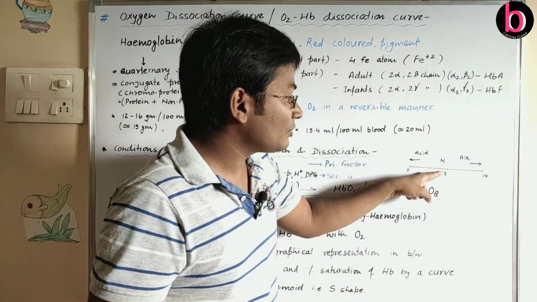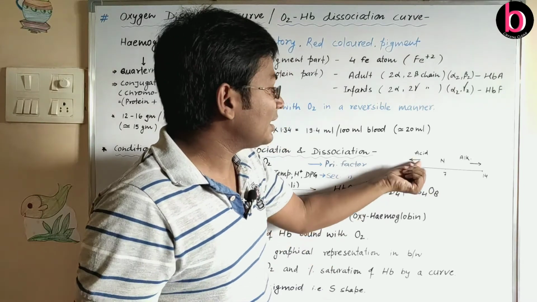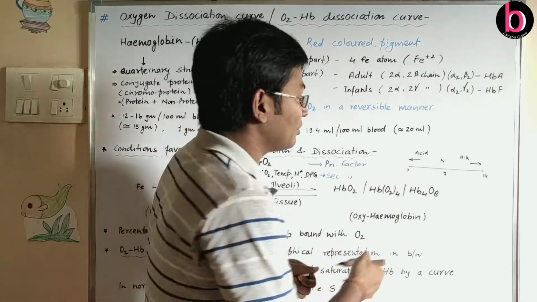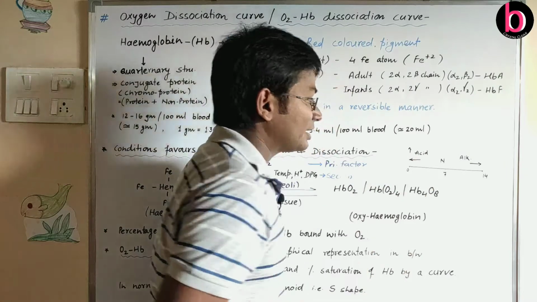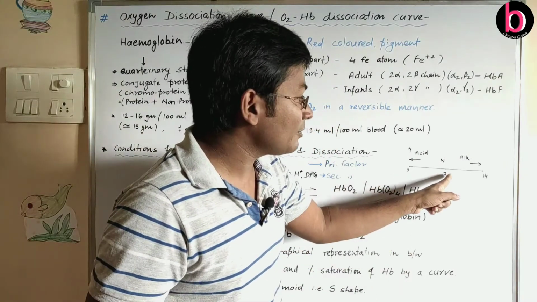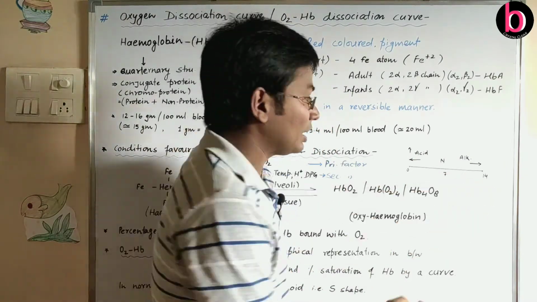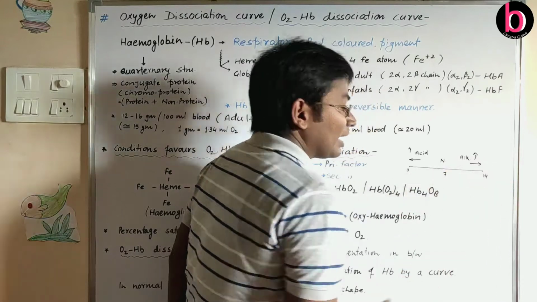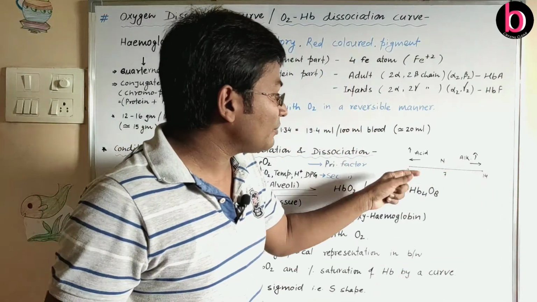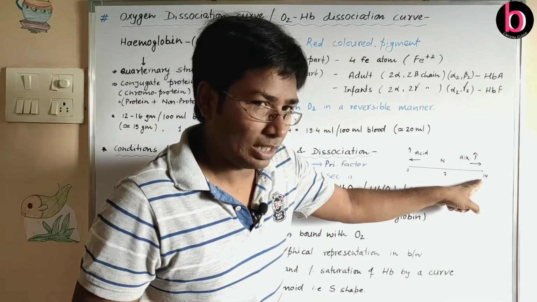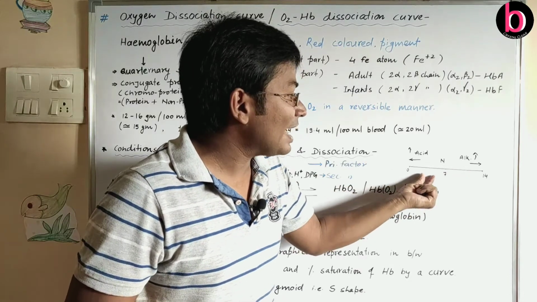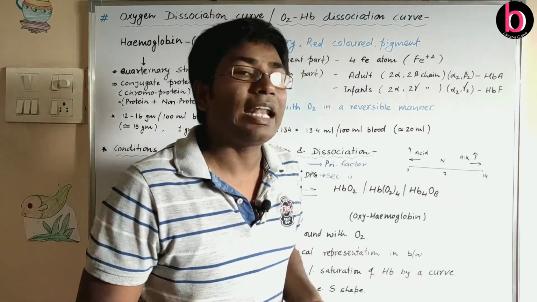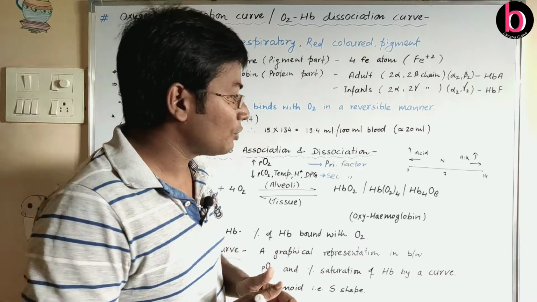While when we are moving from 7 to 0, acidity gradually increases. There will be an increase in acidity. And when we are moving away from 7 towards 14, alkalinity increases. So when we are moving from 0 to 14, acidity decreases or alkalinity increases.